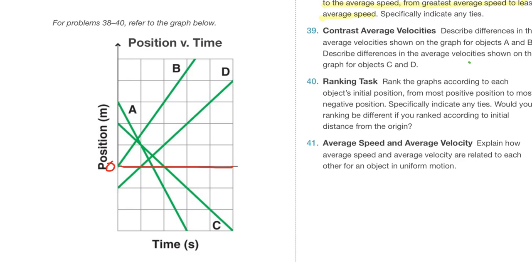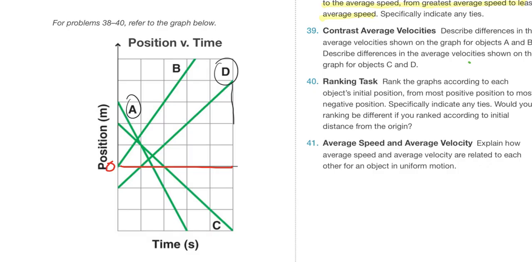So, for example, if I asked you who has a bigger speed or velocity, A or D? Well, there's no numbers here, but we can figure it out.